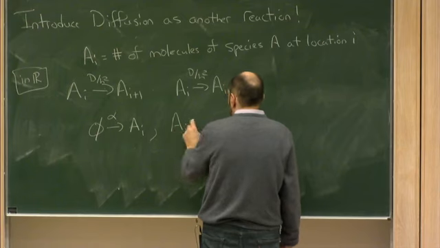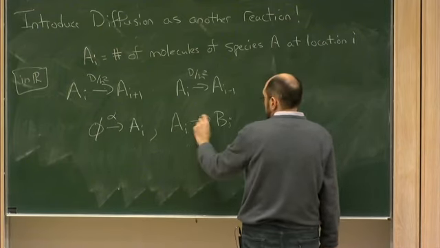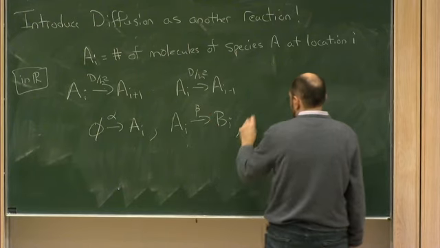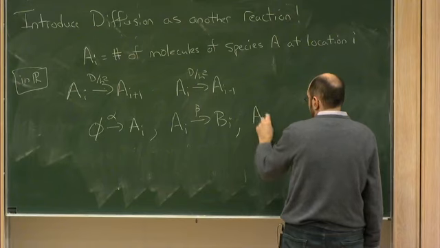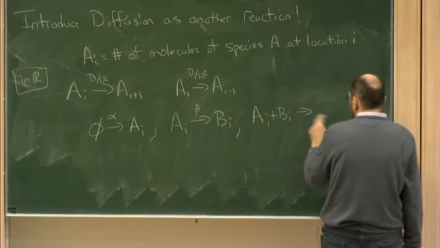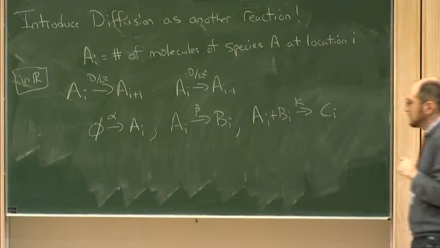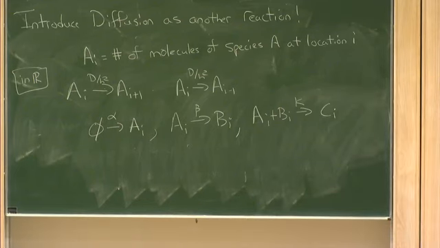A molecule of species A at location i can convert into one of species B at rate beta. An A and a B at location i can react to produce a C at some rate k. So we use the well-mixed rate there. That's the basic idea.